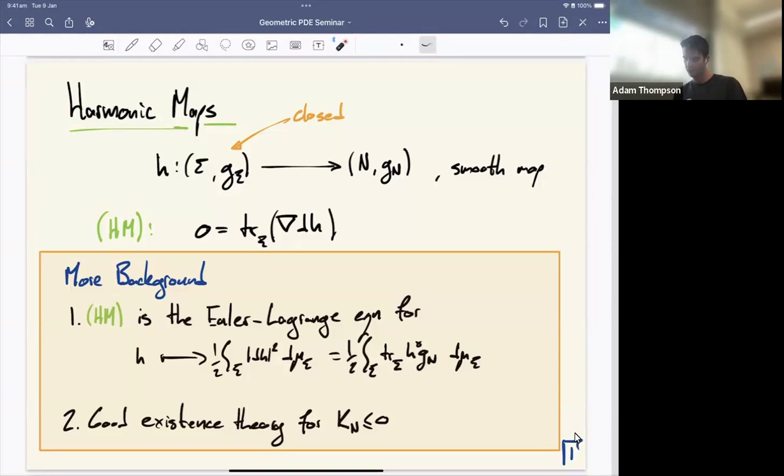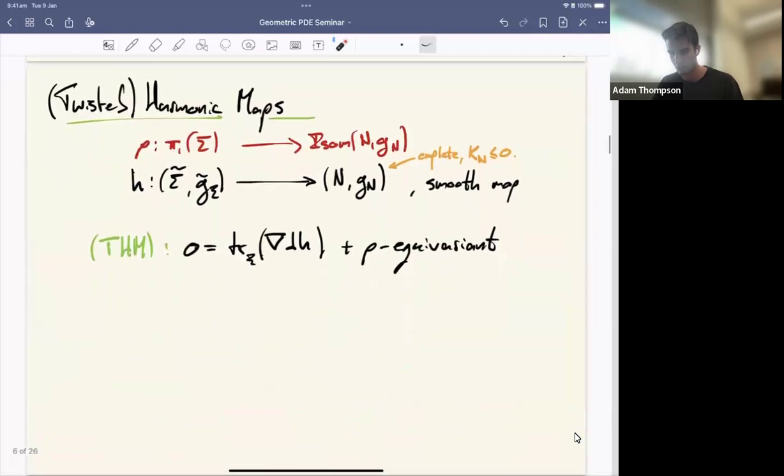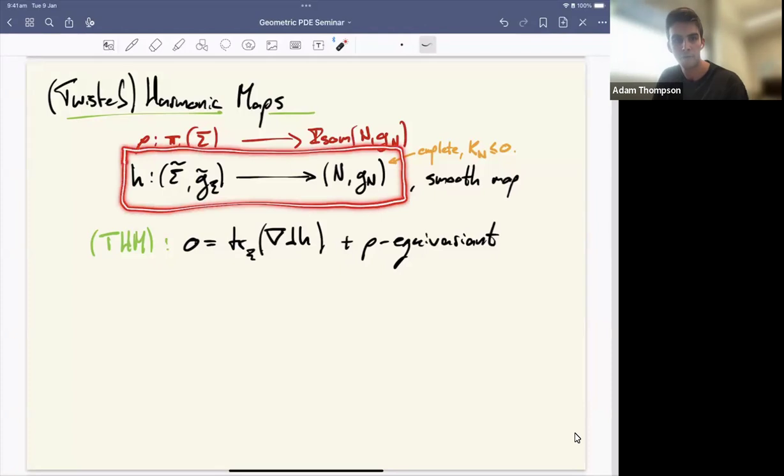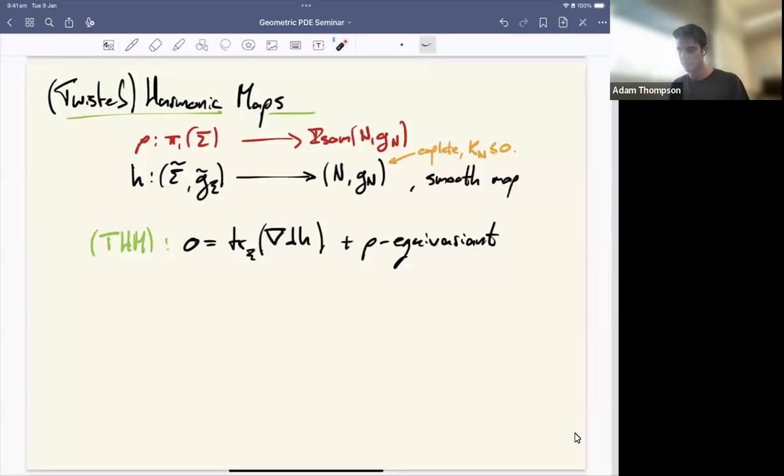Now, actually today, I want to consider just a slight generalization of this. This is the so-called twisted harmonic map equation. It's exactly the same, or almost exactly the same as before. The only extra data I'm going to add is, firstly, H is going to come not from my manifold of interest sigma, but instead from its universal cover. And secondly, I've added this extra bit of data, which is a homomorphism rho from the fundamental group of sigma to the isometry group of the target manifold.